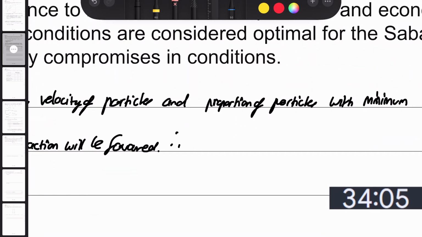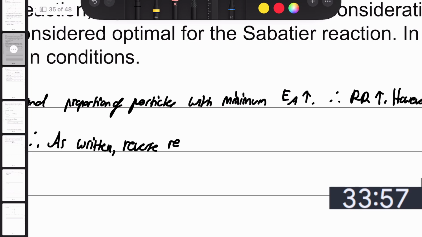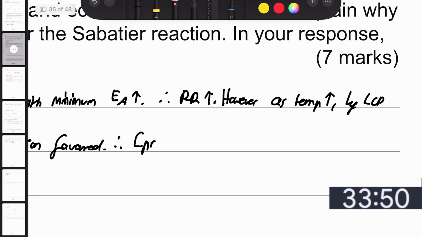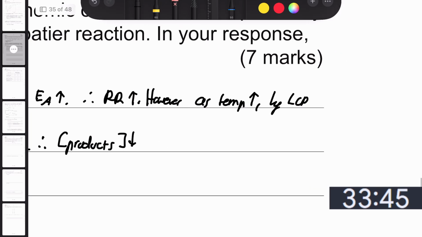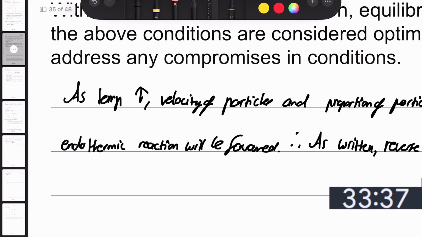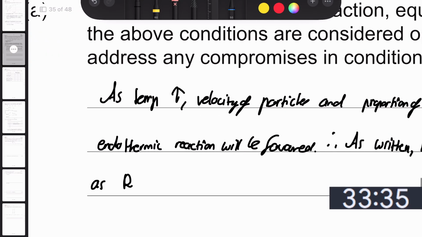Therefore, as written, reverse reaction will be favored. Therefore, concentration of the products decrease. Hence, yield decrease. Thus, the RR increase, but yield decrease.